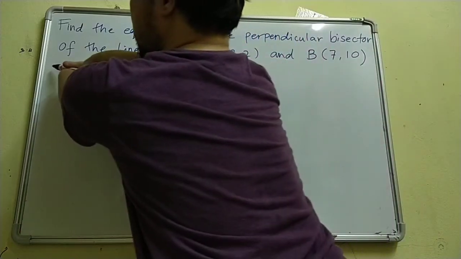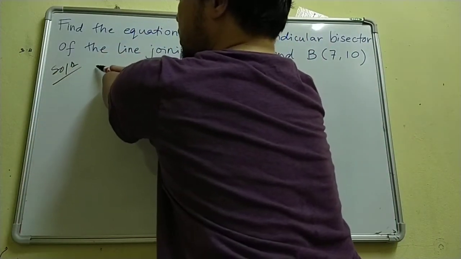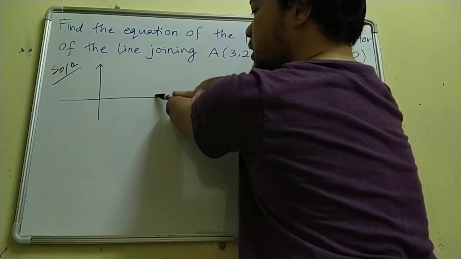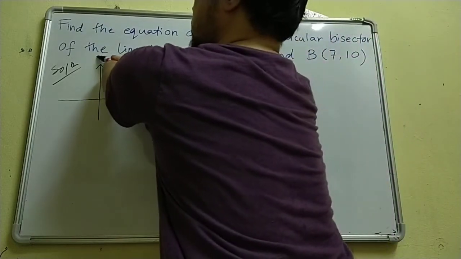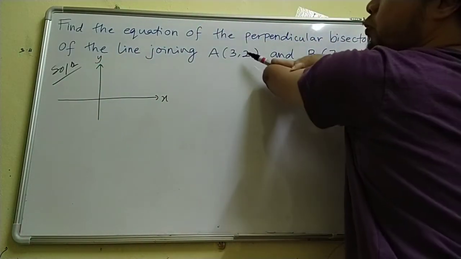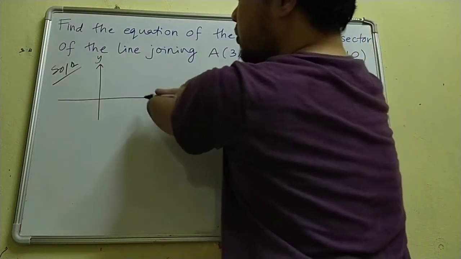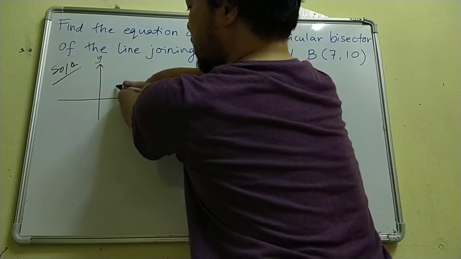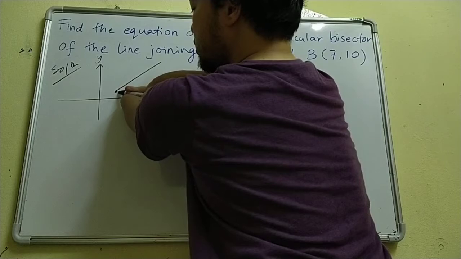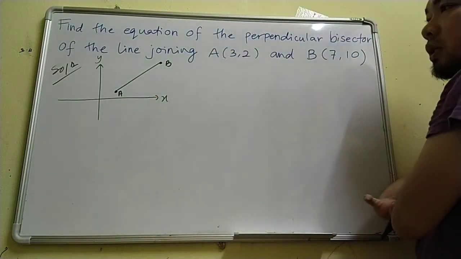So the solution. First of all, if I sketch the graph, y, x, point A (3, 2), point B (7, 10). This is just roughly. Let's say point A is here, point B is up there.